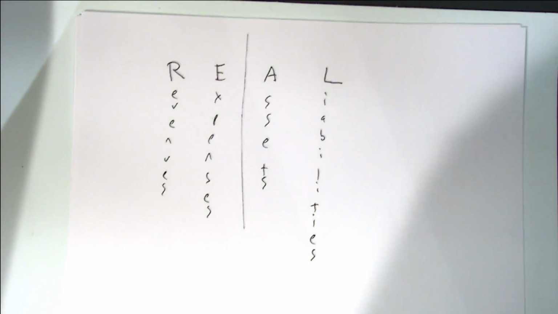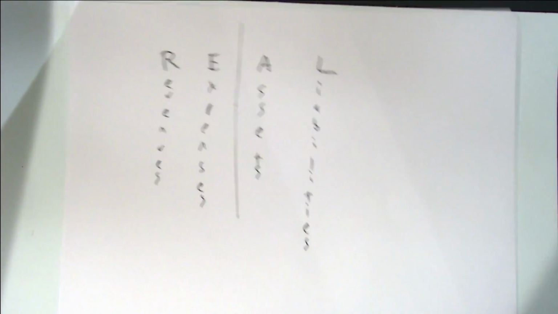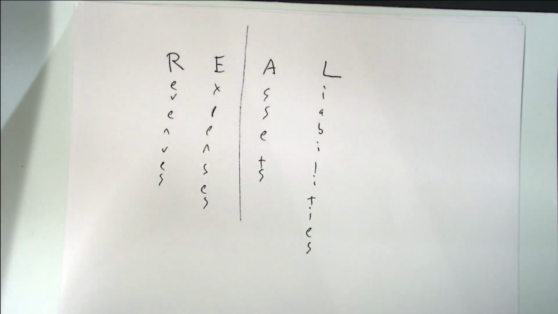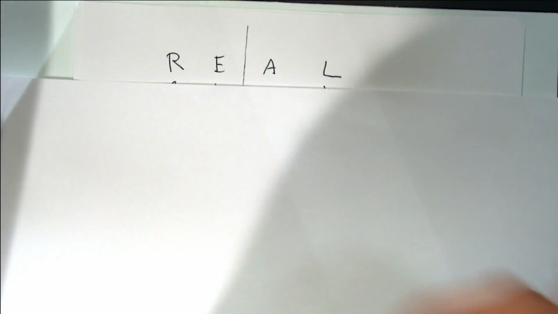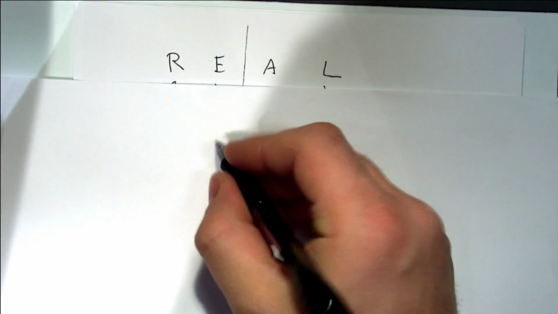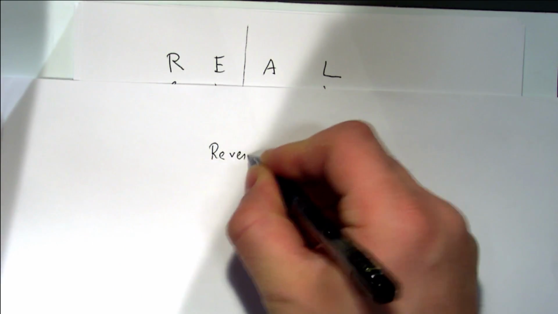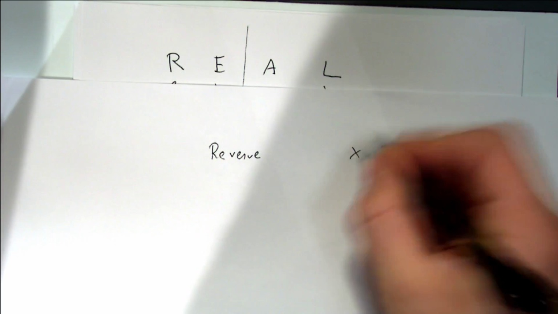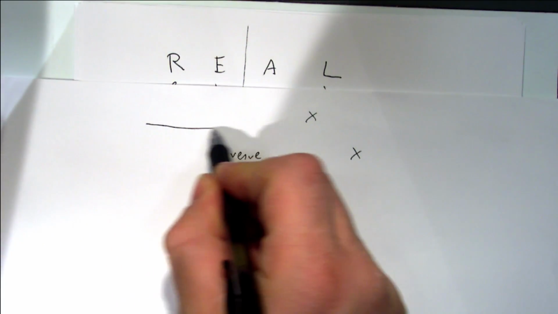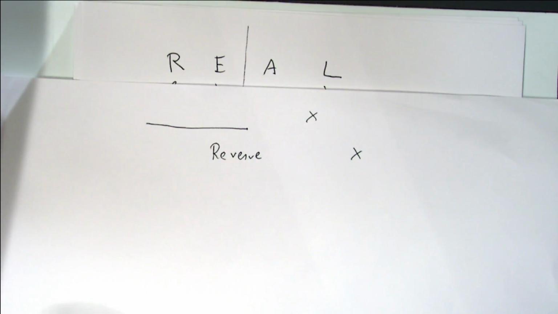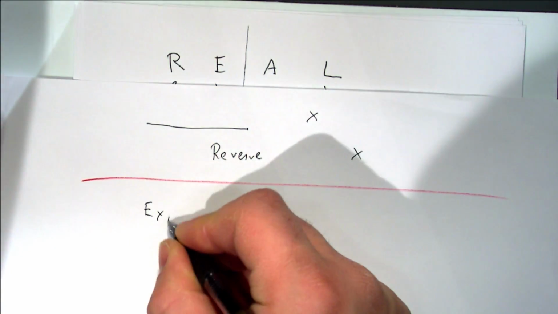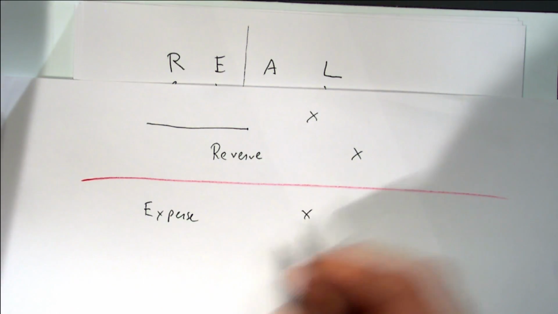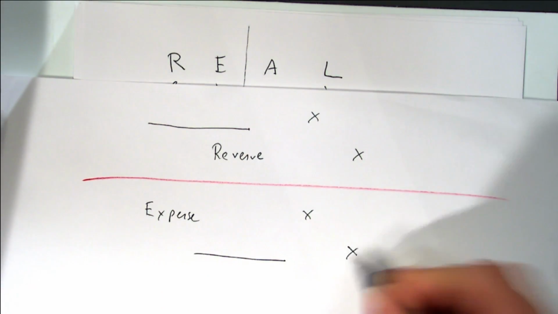You with me? Now, going on further, all your AJEs will always look like one of the following. You'll either credit a revenue account and debit something else, or you will debit an expense account and credit something else.